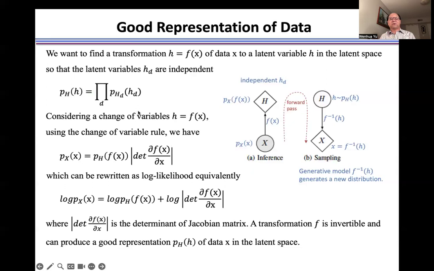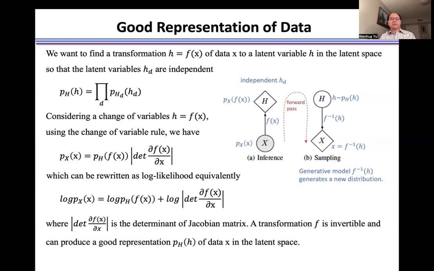Considering a change of variable h, using the change of variable rule, we have this normalizing flow. Namely, the likelihood at x is equal to the prior normalized by the Jacobian determinant, which can be rewritten equivalently as a log likelihood.